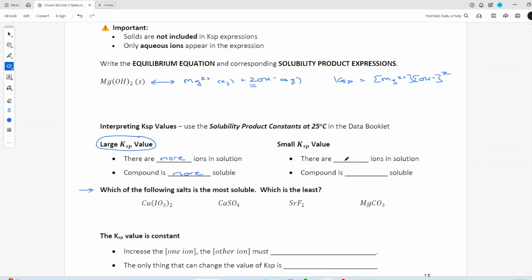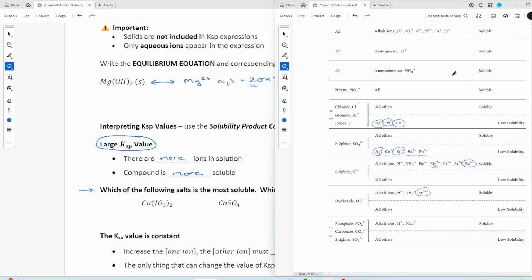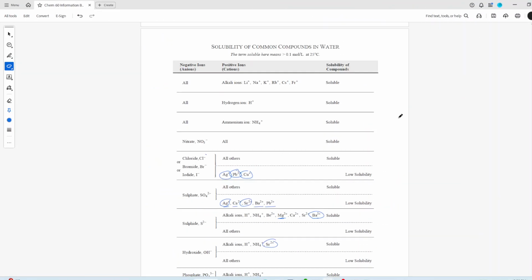Whereas if you had a small KSP, then there are fewer ions in solution, meaning that the compound is less soluble. The first table that we looked at only showed you whether something would precipitate or not, right? So that table wasn't very specific. You're either soluble, meaning you would dissociate into all of your ions, or you had low solubility, and we said okay, you'd precipitate out.